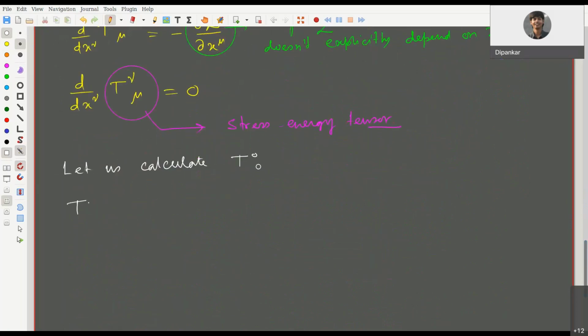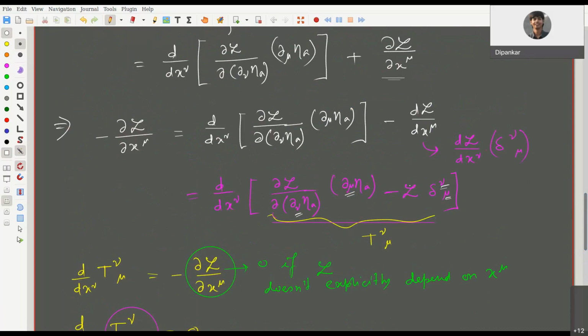So then T00 looks like del L del of del 0 eta A times again del 0 eta A minus L.